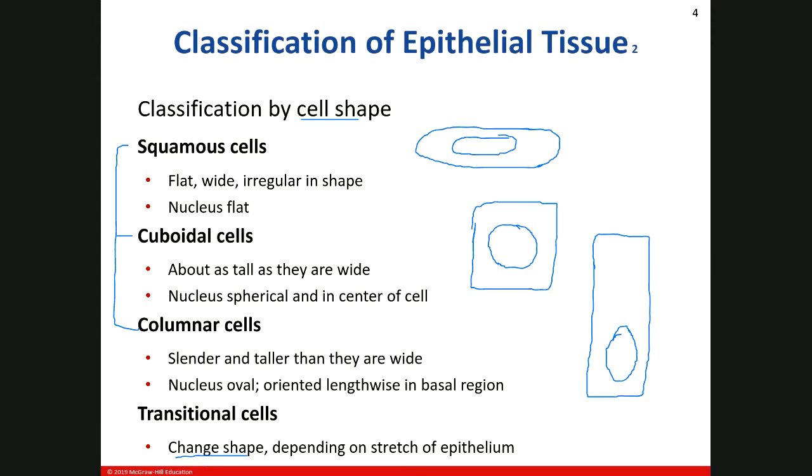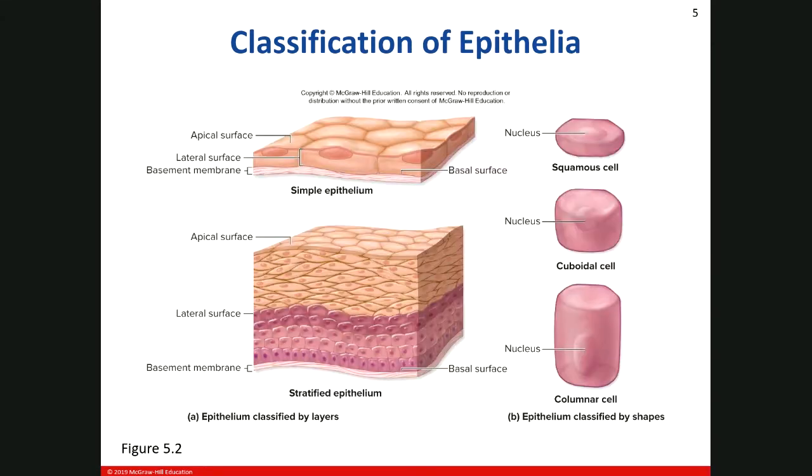All right. Let's talk about, here I showed you, simple epithelium, one cell layer thick, all the cells make contact with the basement membrane. Here's our stratified epithelium, two or more layers, and only the basilar layer, the bottom layer, is going to make contact with the basement membrane.